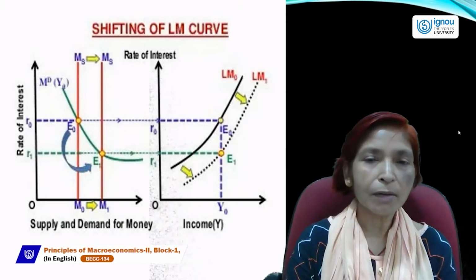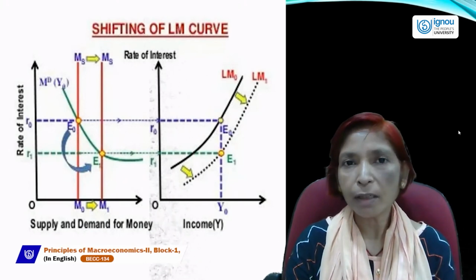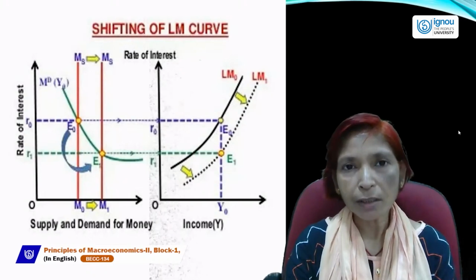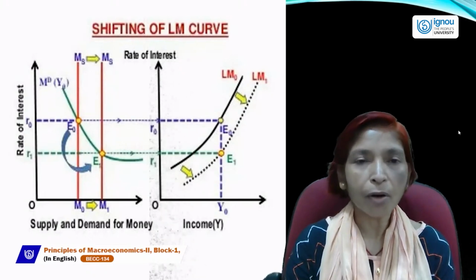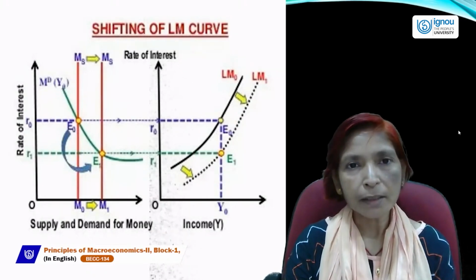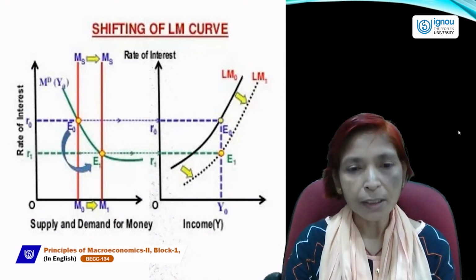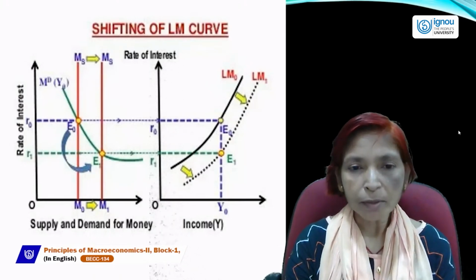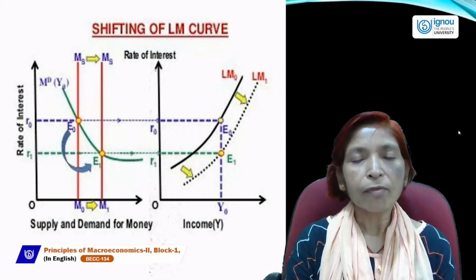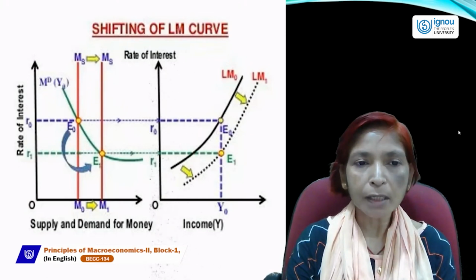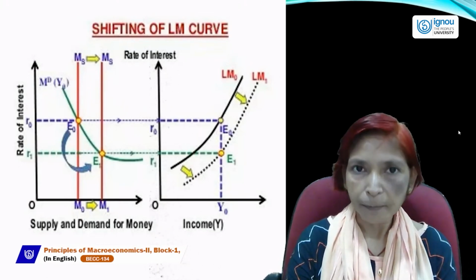And if deflation exists in the economy, deflation is the situation when prices continuously fall for a long time period, then a deflation situation will occur and depression or recession will occur. And to solve this problem, RBI will follow expansionary monetary policy.